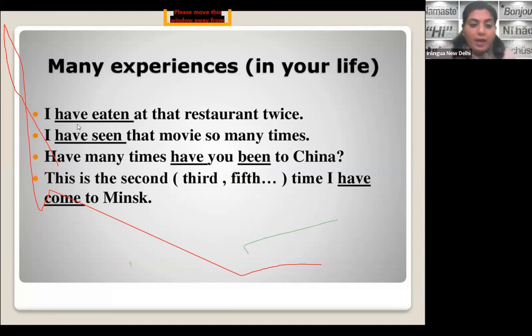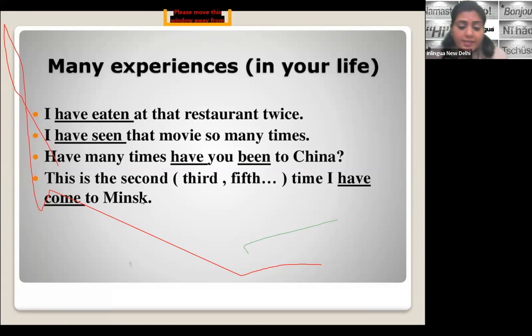Okay. I have eaten at that restaurant 2 times. Now here it talks about how many times you have done something. I have eaten at that restaurant 2 times or twice. I have seen that movie so many times. How many times have you visited China? Question. This is the second, third, or fifth time I have come to Minsk.